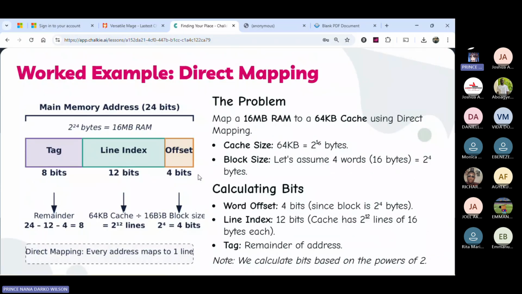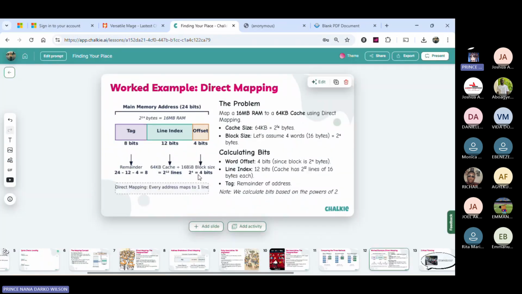So please put the values down. Okay, I'm moving on to a blank PDF. It says there is the cache size, which is 64 kilobytes, and then there is the block size, which is 16 bytes. We are assuming that there are 4 words, but normally the question will give it to you.